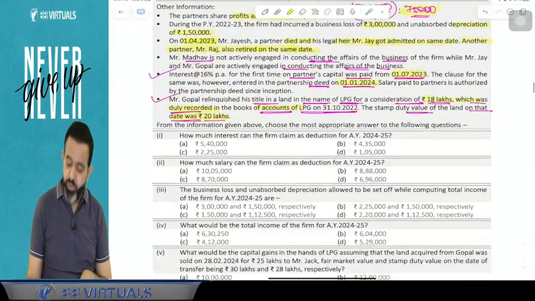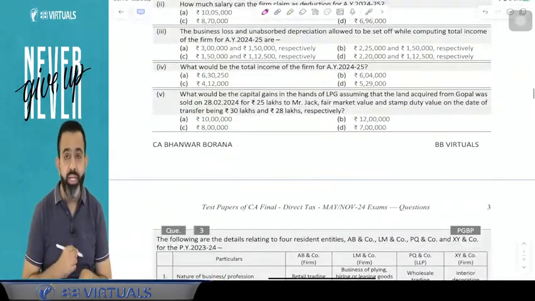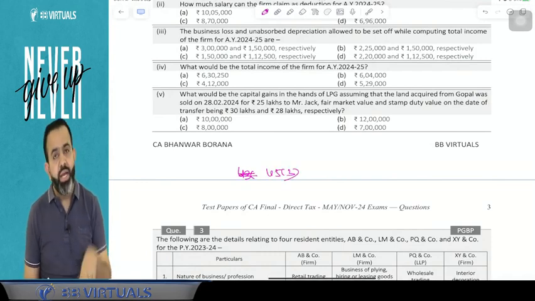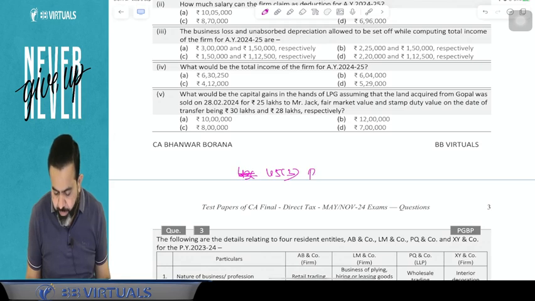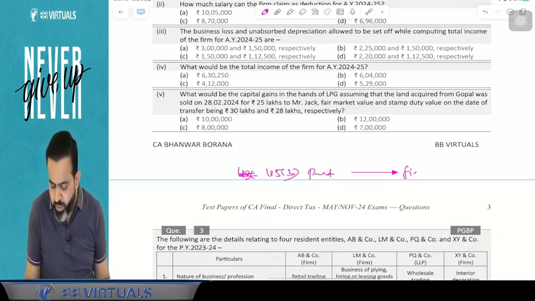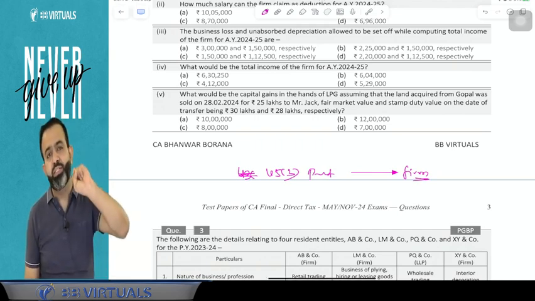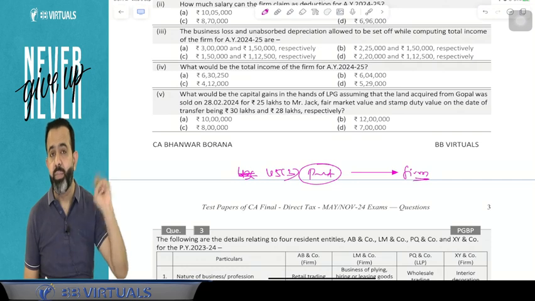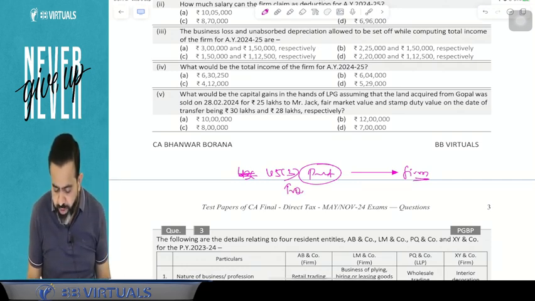If you remember, in capital gains we have discussed Section 45(3). In that section, we discussed that if any partner transfers an asset to the partnership firm, then in the hands of the partner this is going to be taxable as capital gain. And what will be the full value of consideration?